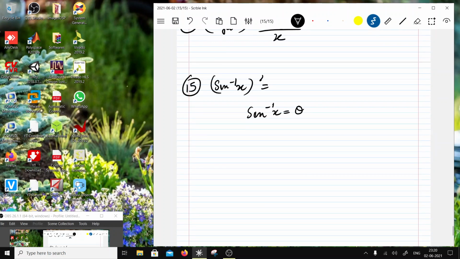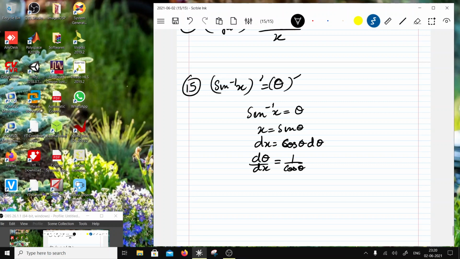Then I have got x equal to sine theta. So dx is equal to cos theta d theta. Okay, so I have d theta by dx would be equal to 1 over cos theta, right?